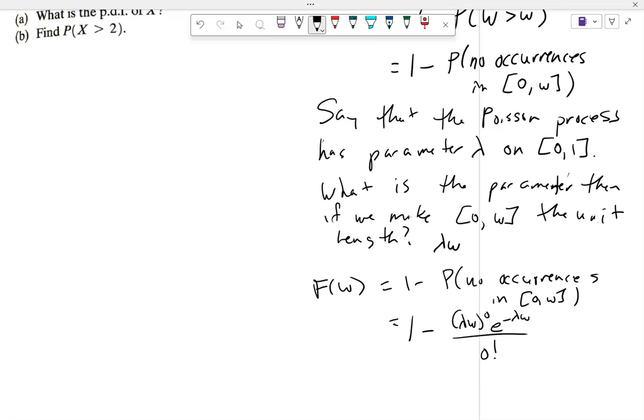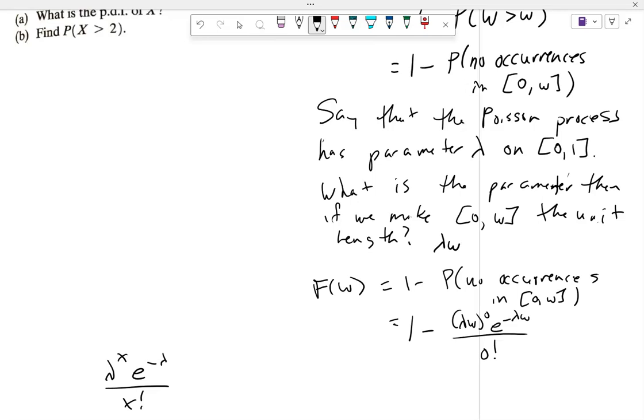Exactly right. Remember, your Poisson PDF is lambda to the x, e to the minus lambda over x factorial. That's our Poisson, isn't it? We want 0 occurrences in that unit interval. Again, the unit interval here is 0 to w, so the parameter is lambda w rather than just lambda, right? And the x value is 0.